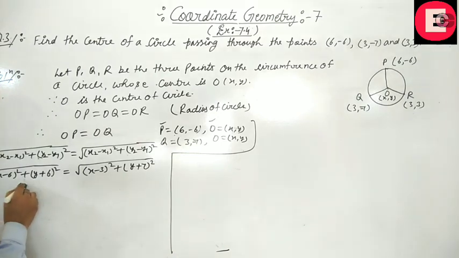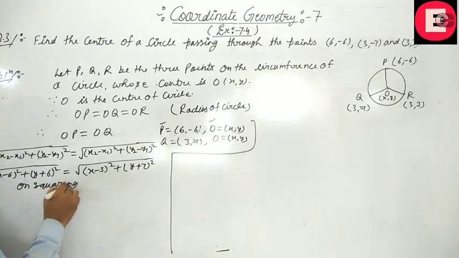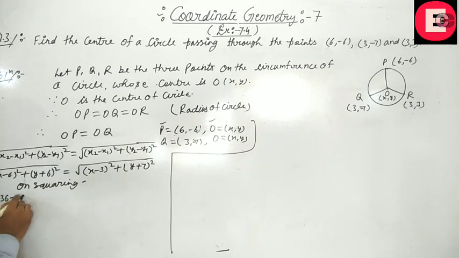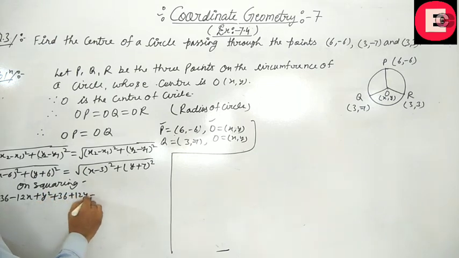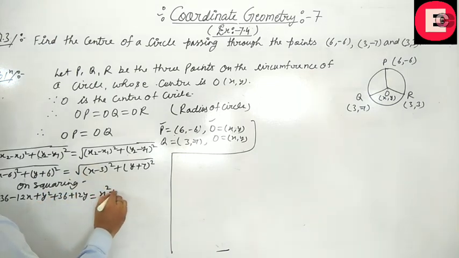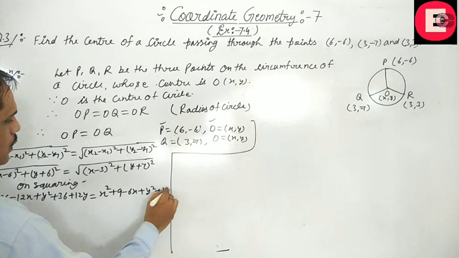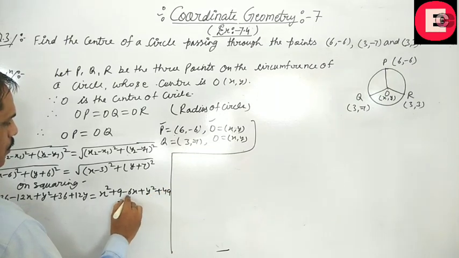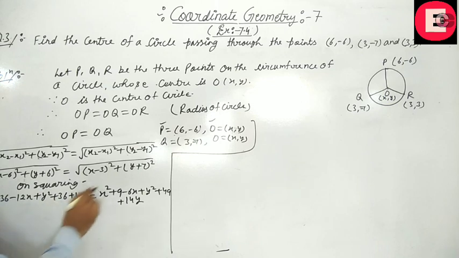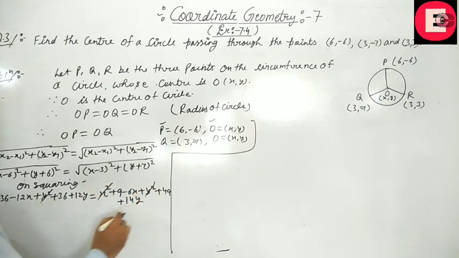Now on squaring, we get x square plus 36 minus 12x, using the (a minus b) whole square formula, and y square plus 36 plus 12y, which is equal to x square plus 9 minus 6x plus y square plus 49 plus 14y. Here x square will be cancelled, y square will be cancelled.